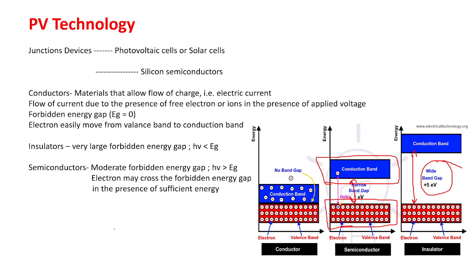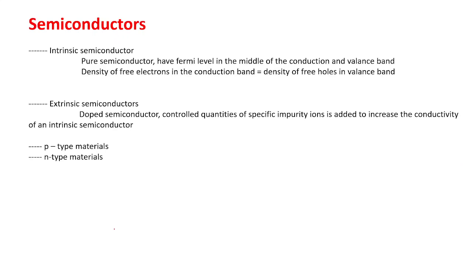That's why we use a semiconductor: if we apply solar radiation to this kind of material, it will facilitate the flow of electrons that can further be used for energy generation.